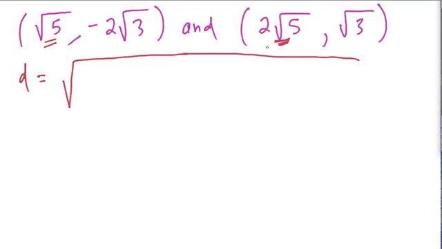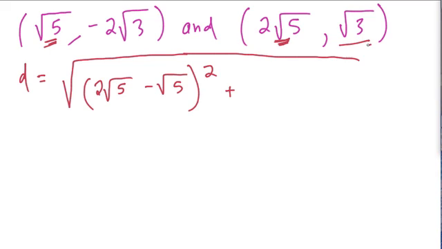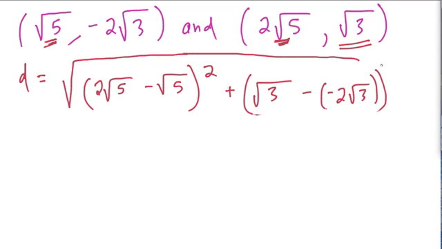So I'm going to start with 2 square root of 5, and subtract the value which is less from it, to keep it all positive. Although it doesn't really matter because we're squaring anyway, it's just easier for me. Then we're going to add, and I got to start here again because I started with this point, the square root of 3 minus -2 square root of 3, and that's going to be squared as well.